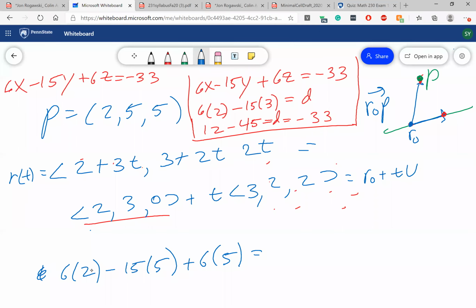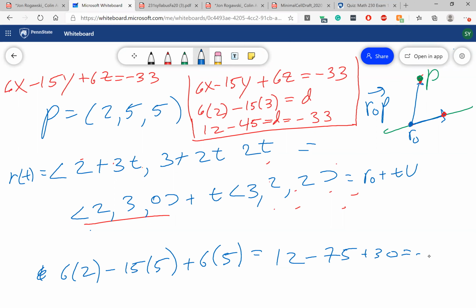So 12, 15 times 5 is 75, and then it's 30. So this is 12 minus 75 plus 30.